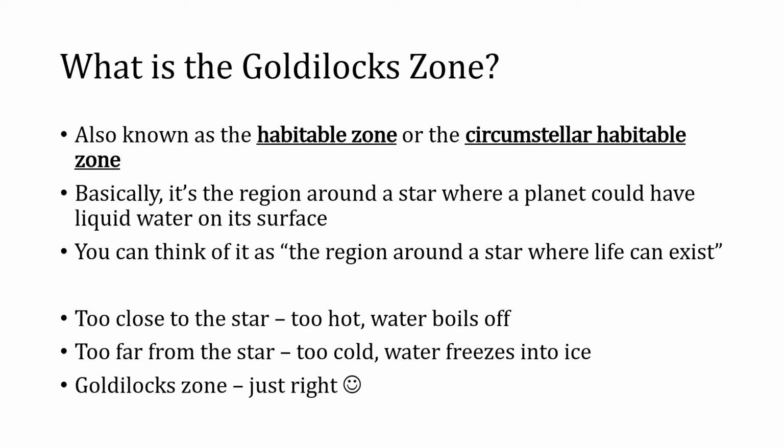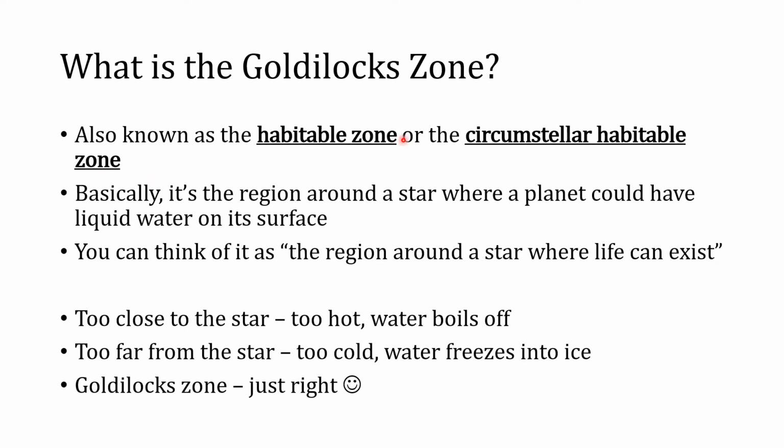So what is the Goldilocks Zone? It sounds like a bit of a childish name for something that's in the center of solar system type astronomy. So if you want a more official sounding name, you could refer to it as the Habitable Zone or the Circumstellar Habitable Zone.